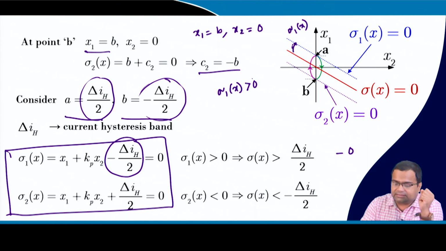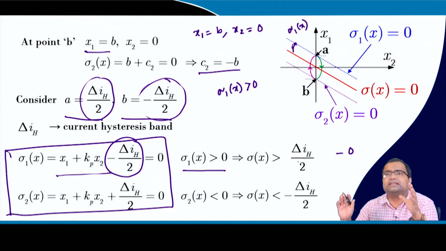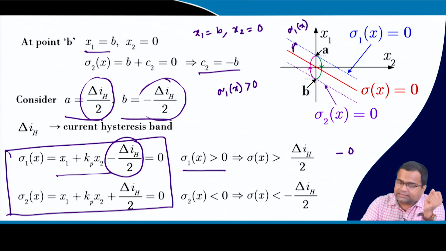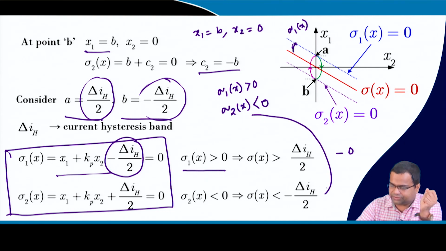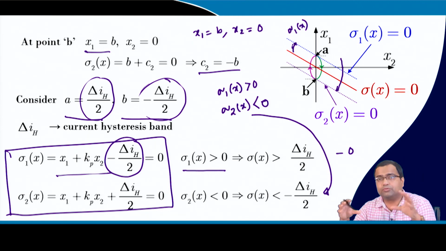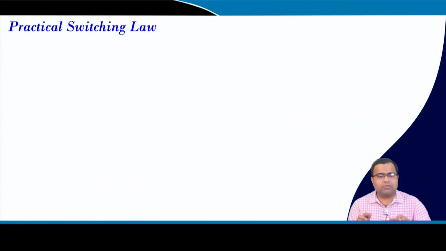That means sigma 1x greater than 0 is nothing but sigma x greater than delta IH by 2, and similarly sigma 2x should be less than 0, which leads to this equation, because when the offset trajectory hits here, we should turn on the switch, right, we should change the logic. So now we are going to see how to implement the practical switching law.